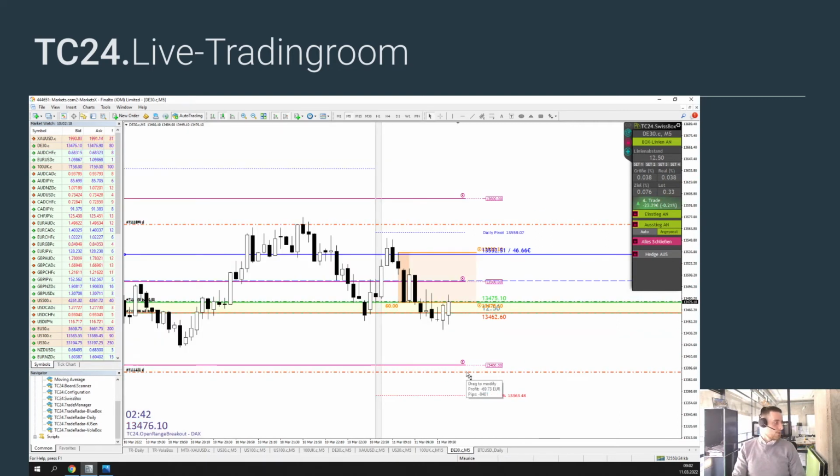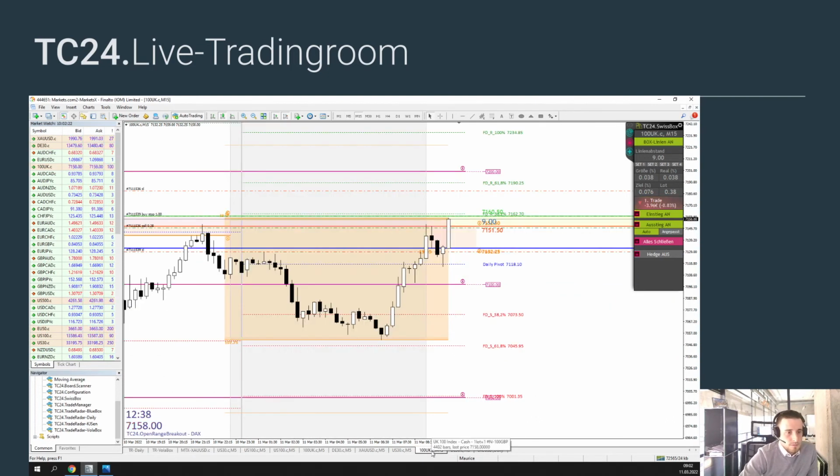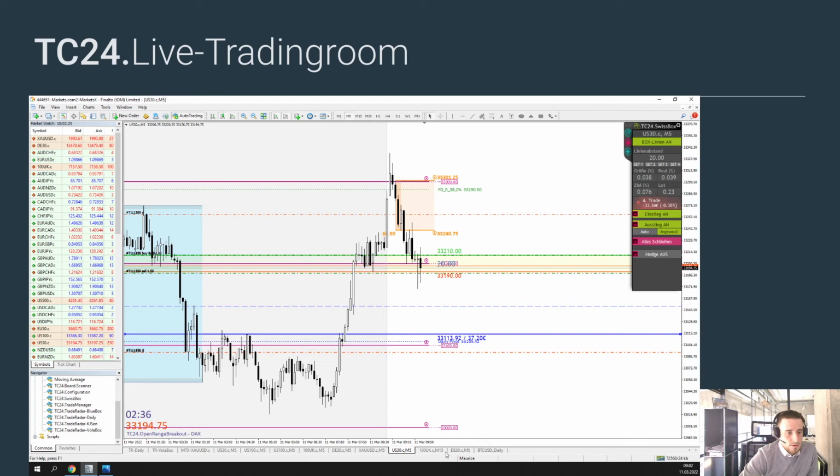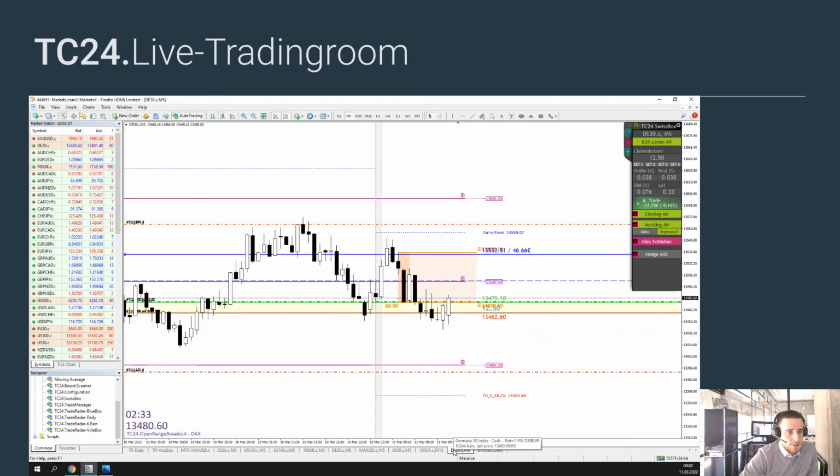A little bit slower compared to yesterday's opening. And we're still waiting for the breakout direction.